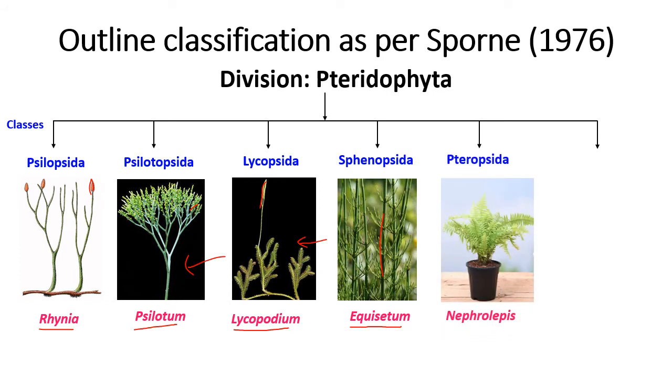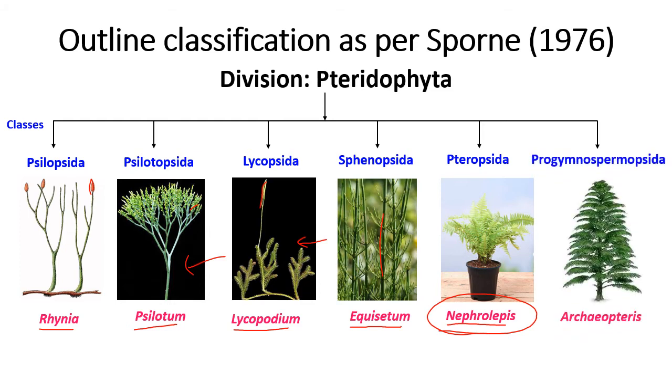The fifth class is Pteropsida, and the representative of that is Nephrolepis, and actually we will be studying the life cycle of this plant. And the last, sixth class is Progymnospermopsida, and the representative of this class is Archaeopteris.